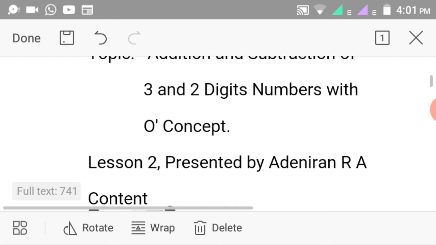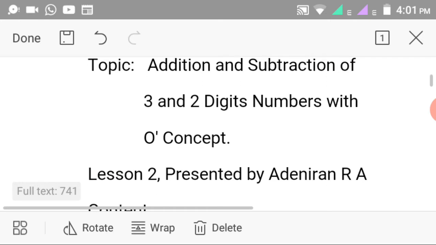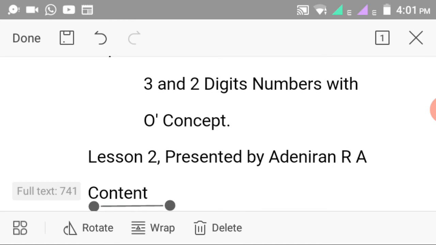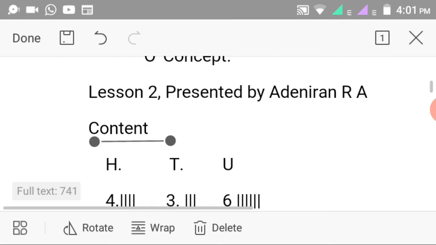Today's topic is addition and subtraction of 3 and 2 digit numbers with 0 concepts. We've treated a number last week, and today we'll be treating hundred, tens, and units.